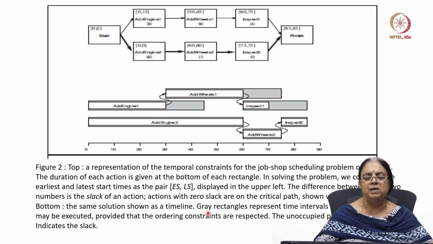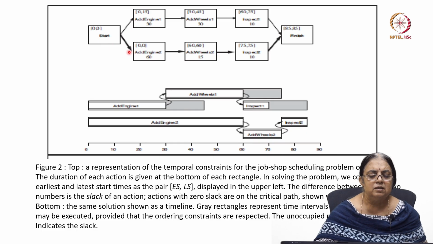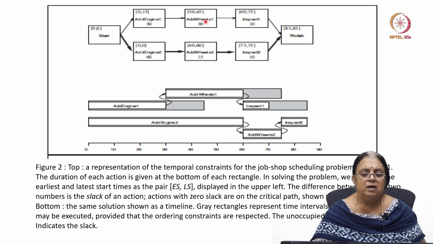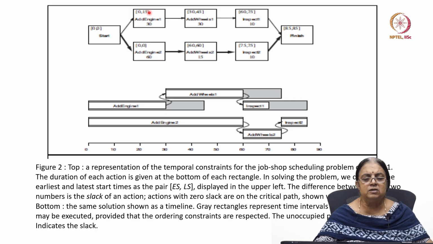Okay, so once you get the plan, you need to see whether the temporal constraints for that are met or not. So here, if this is your start state, this will be your plan, and whatever is given below shows you the time that you require to carry out this action basically, and this time which is given on the top is the earliest time and latest time at which you need to do this particular action.